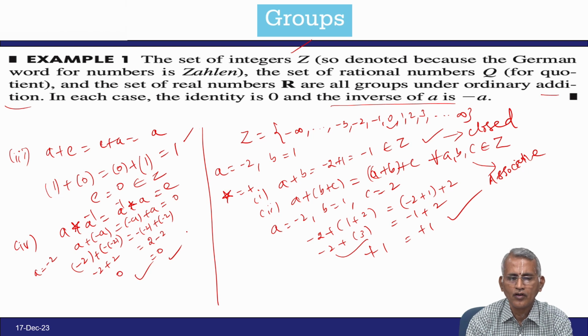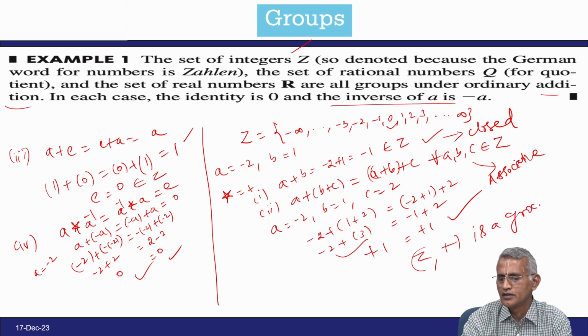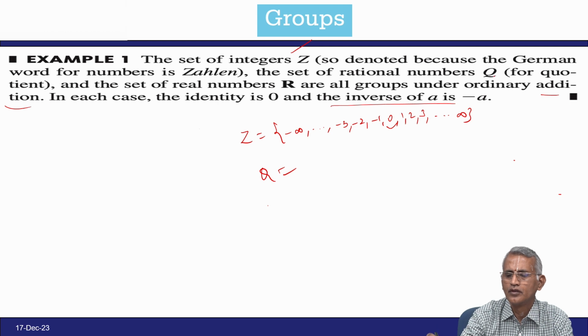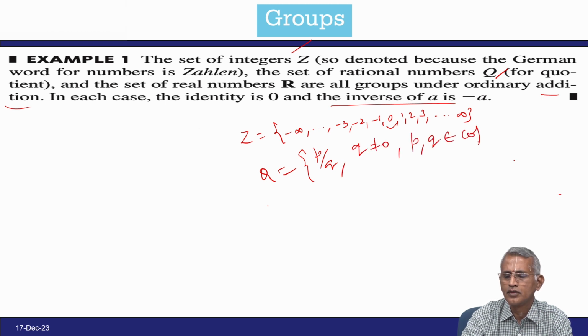If it satisfies all the properties of the definition of a group, then the set Z comma plus is a group. So, this way, initially you have to check whether the set of all integers is a group. Similarly, we take Q instead of Z, which is of the form P by Q, where Q not equal to 0, and P and Q belong to integers.